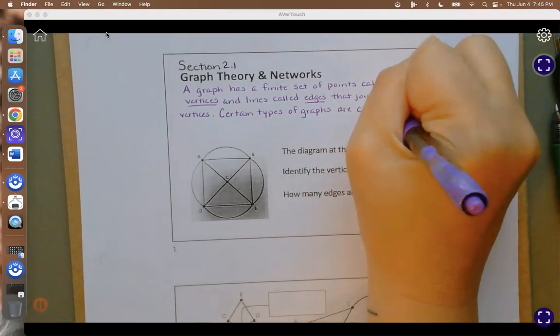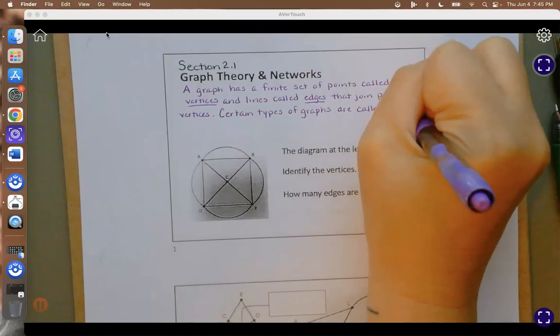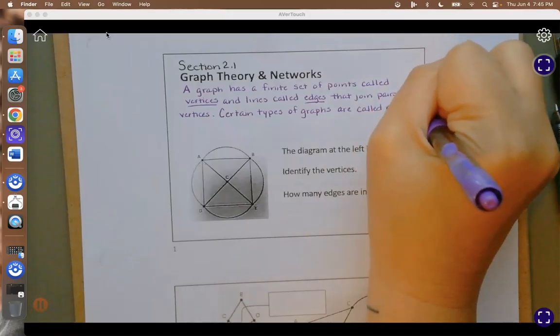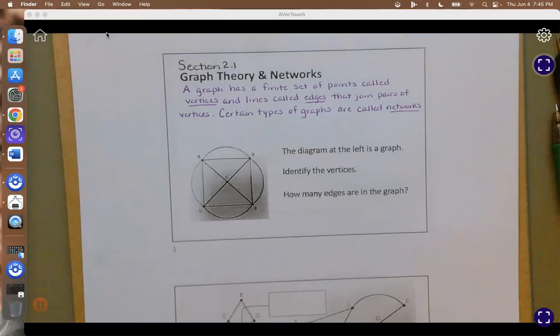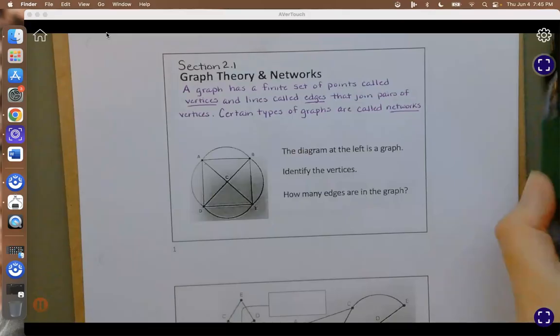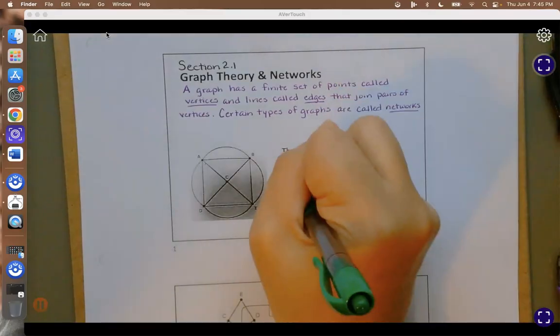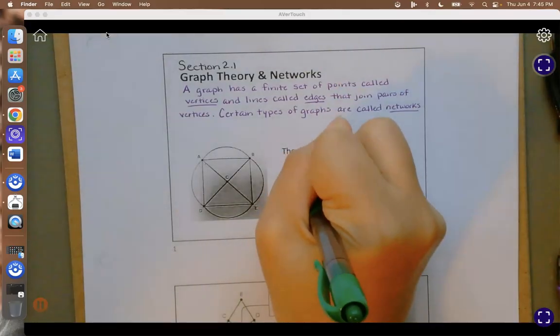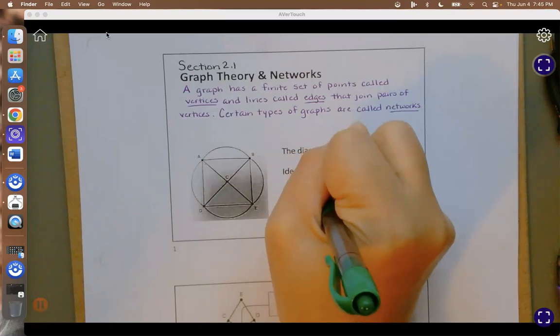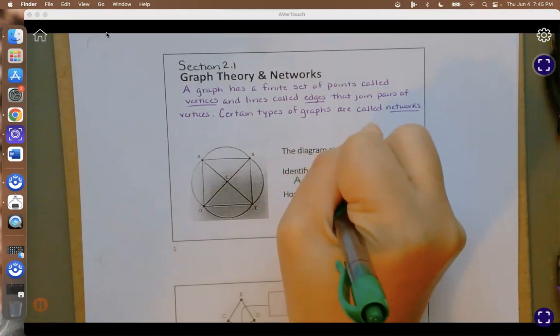So I'm going to put right here a little note that says the place where AD and BC intersect is not a vertex.